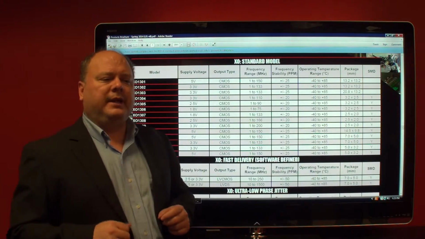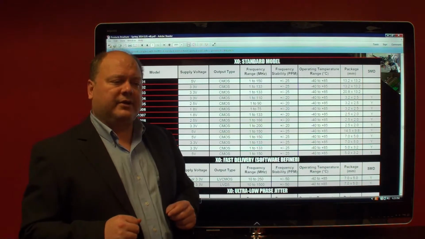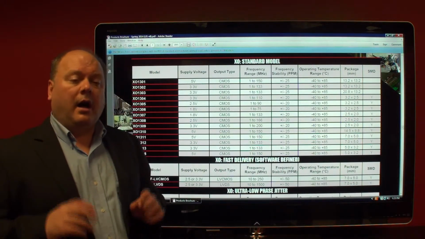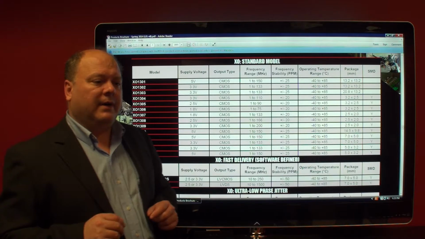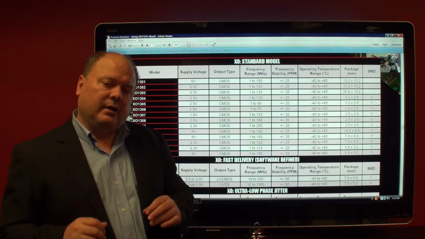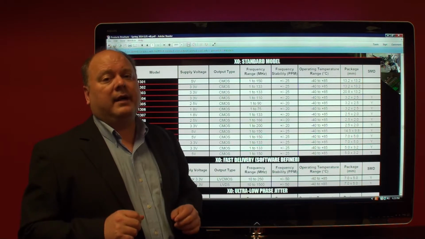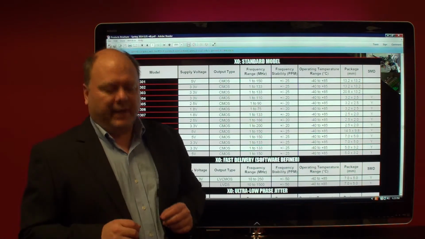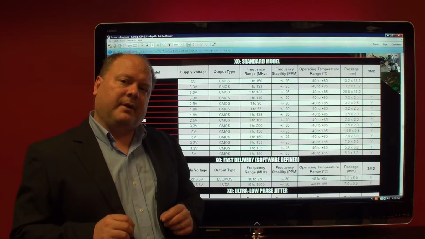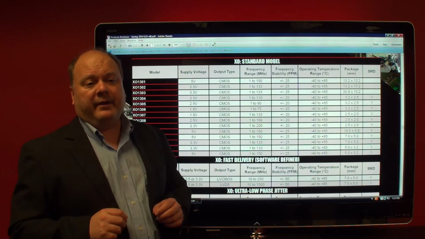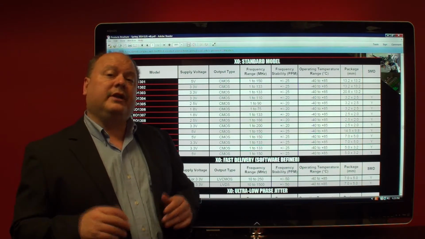These next generation products are much better for phase noise than their original parents back 20 years ago. So you will compete with various companies on these parts, but whoever gets the parts shipped quickest will have the advantage. So we certainly don't mind doing software-defined XOs and VCXOs and surface mount. And for that matter, we could even do an integrated module.